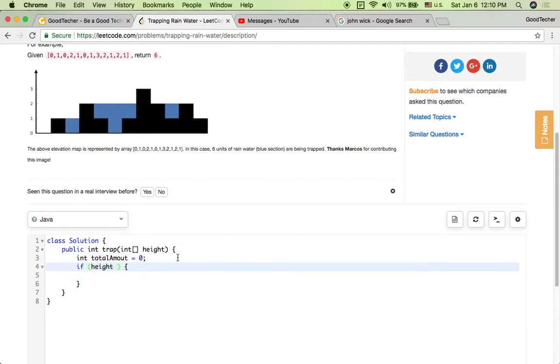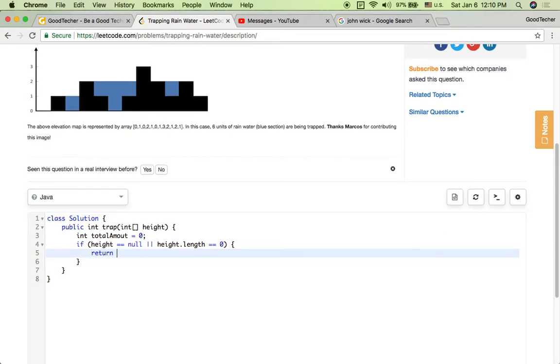If this input array is null, or this input array is an empty array, we are going to directly return this total amount, that's just 0 at this point.